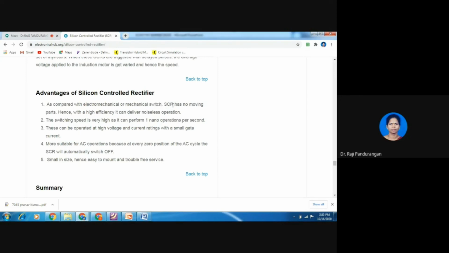Whereas SCR has no moving parts, so wear and tear will be very low and it will have a good life. Efficiency will also be very high. That is the reason electromechanical switches have been replaced by SCR, and switching speed is also very high.